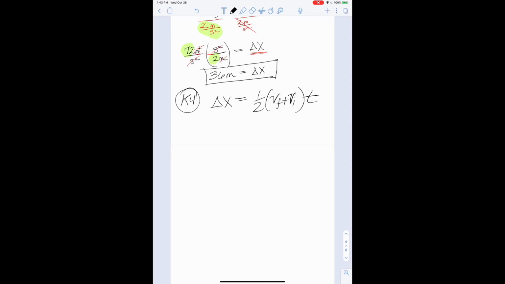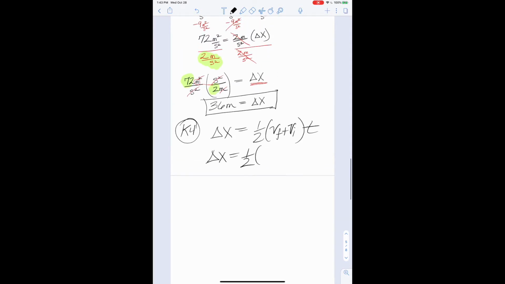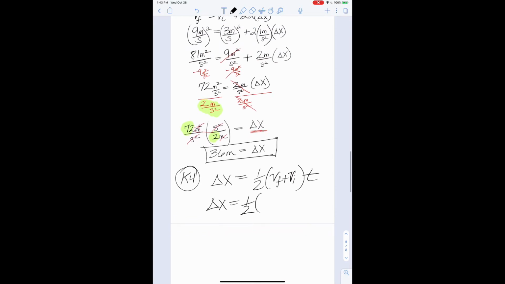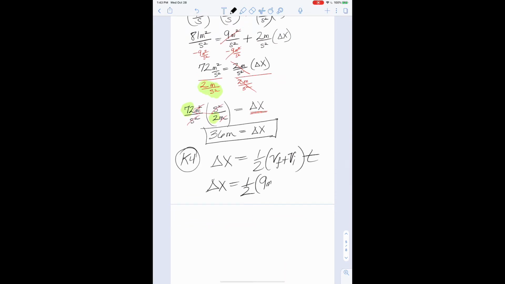times T. Delta x then is going to equal 1/2. What was final velocity? It was 9? Yeah. Okay, 9 plus, I think initial was 3. And our time was 6 seconds, I believe.